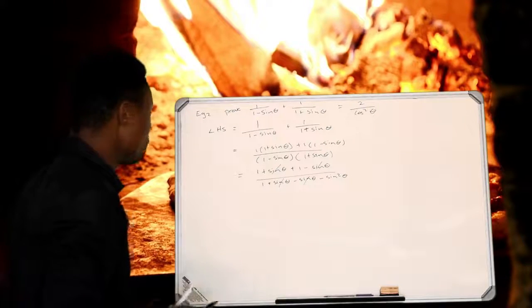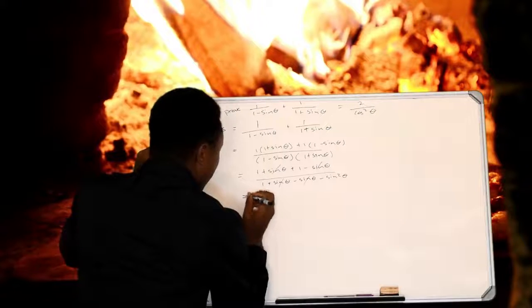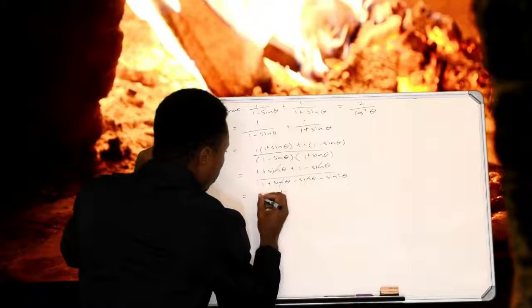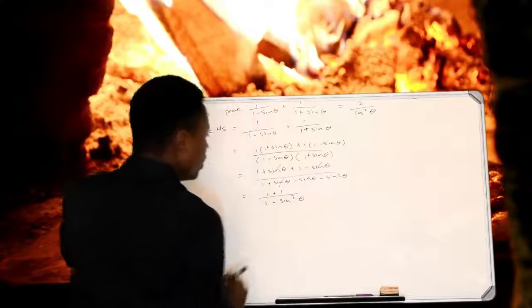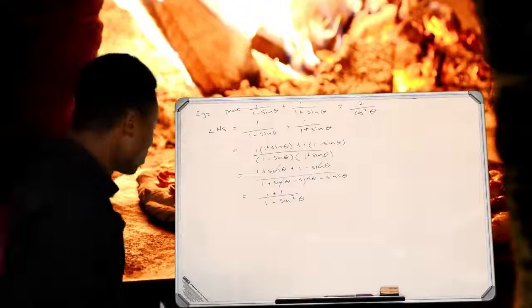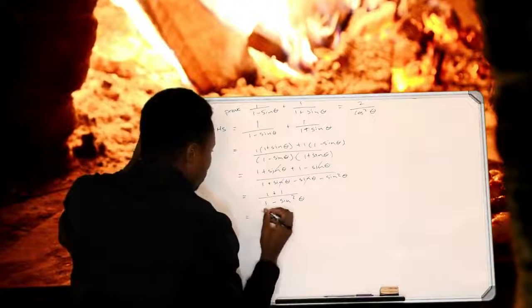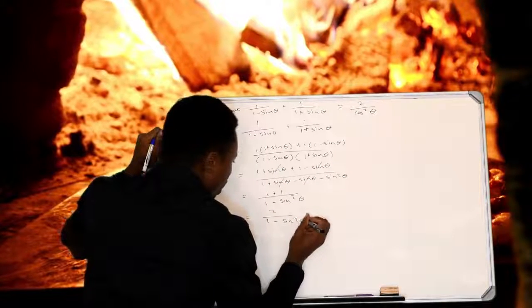So what am I left with? Let me write what I'm left with in my equation. I'm left with 1 plus 1 over 1 minus sine squared theta. But at the top it says 1 plus 1, I can solve that, right? So 1 plus 1 becomes 2 over 1 minus sine squared theta.